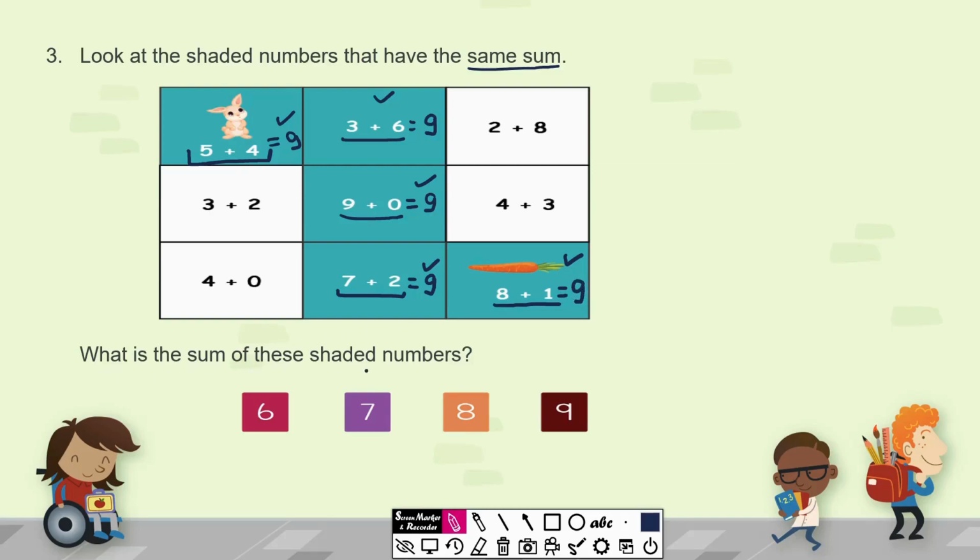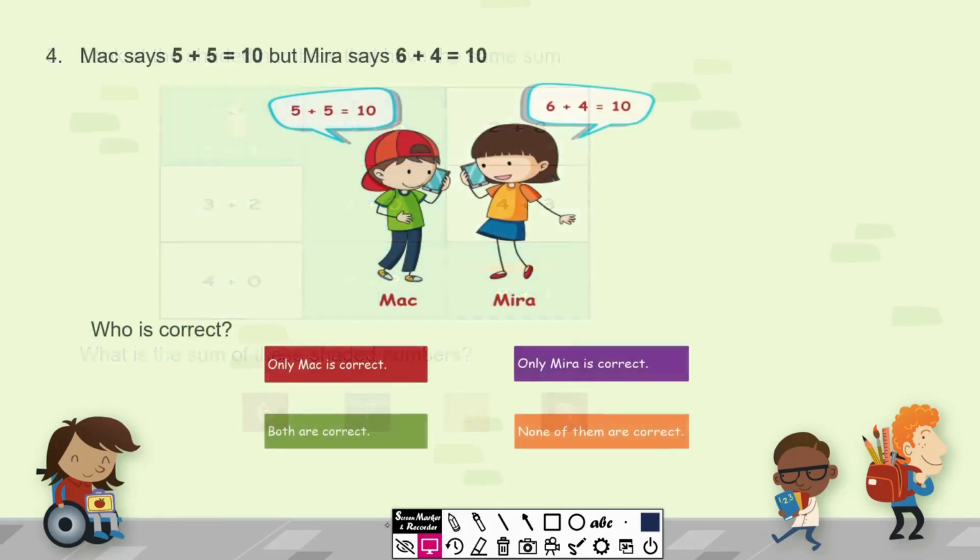So what is the sum of these shaded numbers? We already did this, right? Here we have 9, 9, 9 and 9. So the sum of these shaded numbers is 9. Yes. Very good.